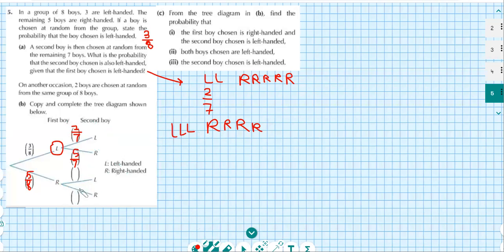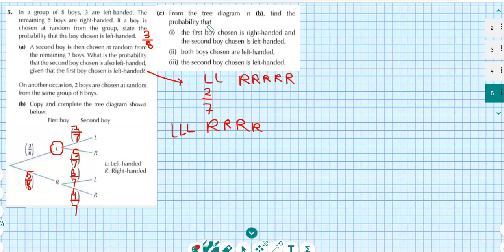So the probability of getting left if a right has been chosen will be 3 over 7, and for getting right will be 4 over 7. So this is the complete tree diagram for this particular experiment.